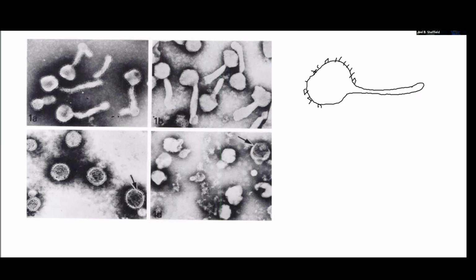There was a variety. This was the one that caused mammary cancers in mice. There was a parallel one that caused leukemia. And the leukemia virus, which is in 1b, looked rather similar, not exactly the same. Okay? Had a different membrane structure. And no spikes. Okay?